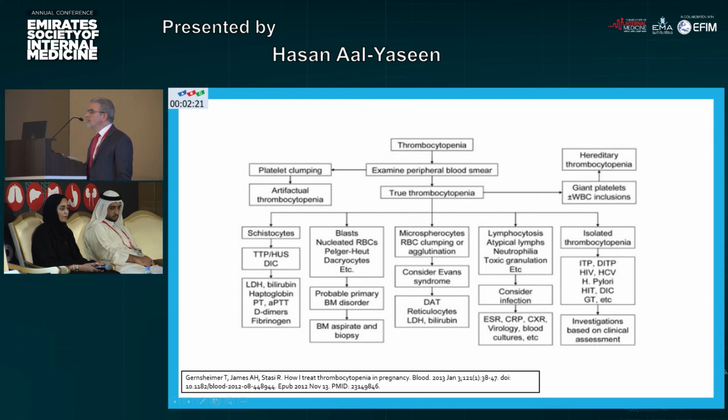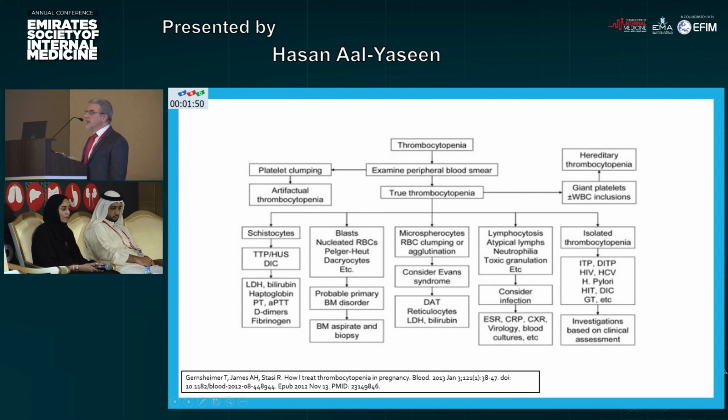But if you have a true thrombocytopenia, then if the peripheral blood shows schistocytes, you are dealing with thrombotic microangiopathy, TTP, hemolytic uremic syndrome, DIC, and other causes of thrombotic microangiopathy. If there are blasts or nucleated RBCs or dysplastic features in the peripheral blood, then you have to do bone marrow in order to look for central causes of thrombocytopenia, like acute leukemia or MDS.